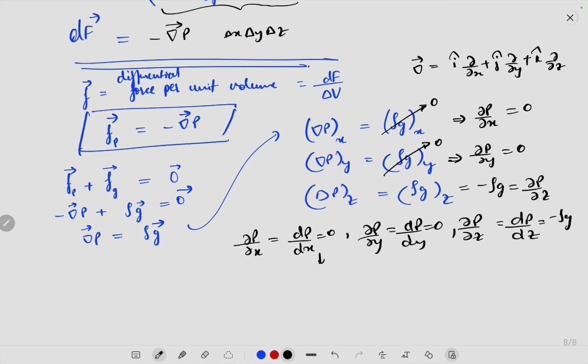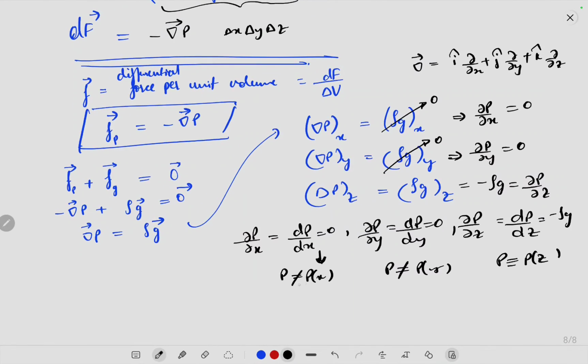So this tells me that if I only have a static fluid that is only being acted on by gravity, then pressure is not a function of x, pressure is not a function of y, but pressure is just a function of z.